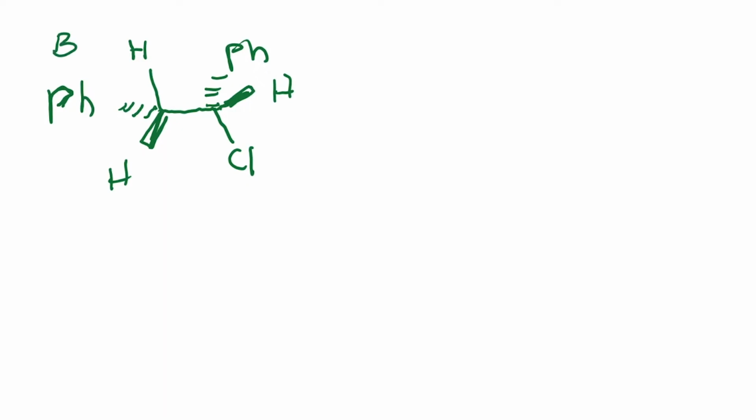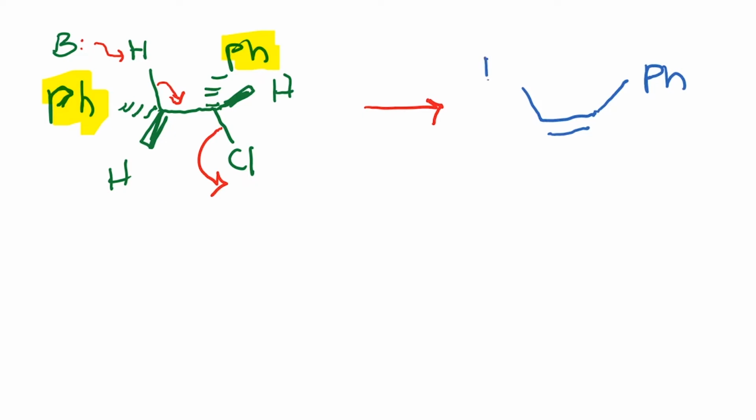Let's look at this elimination from this conformer: the base attacks here, this is lost and chloride is eliminated, and you get the following product. The way we draw the product, this phenyl ring and this phenyl ring are on the same side, so you would end up with the following cis isomer or Z isomer.